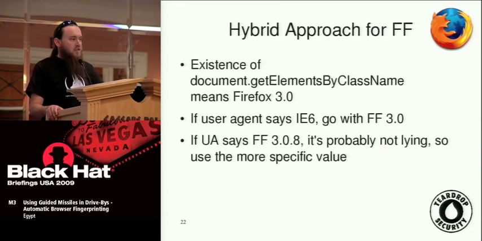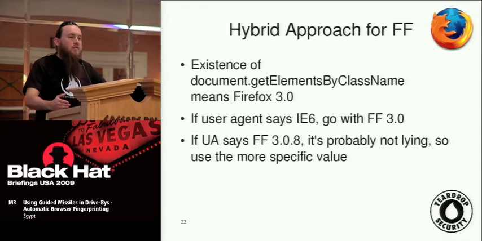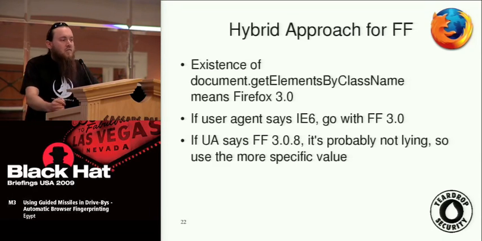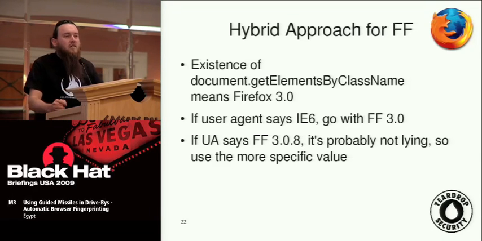But if the user agent says it's IE6, we know for certain that the user agent is lying. So don't trust anything about the user agent at that point. However, if what our object detection says jives with what the user agent says, then we can be fairly certain that it's not lying. And if it's not lying, it'll give us more precise version information and more operating system information too.